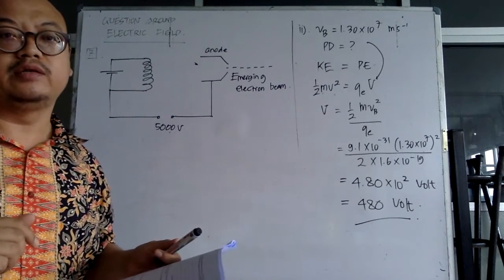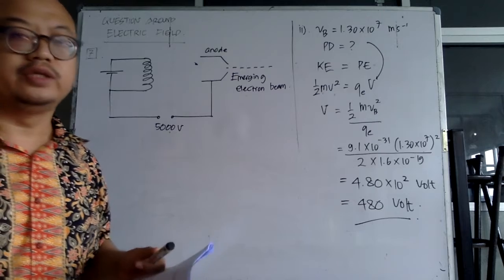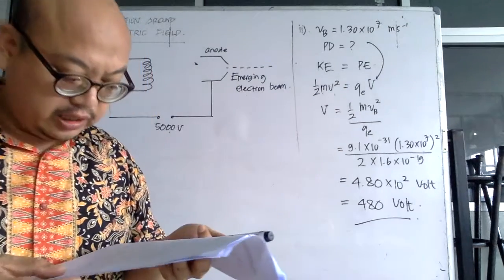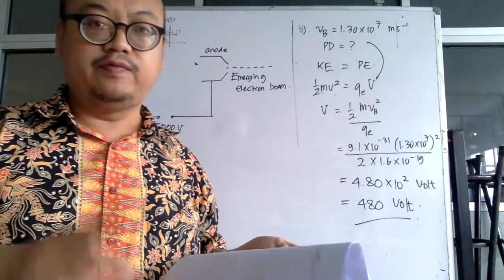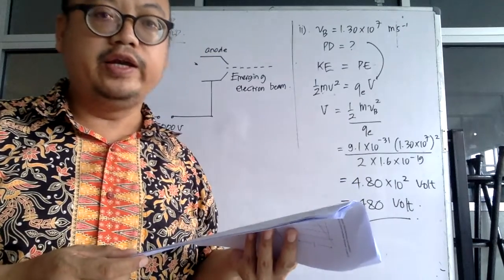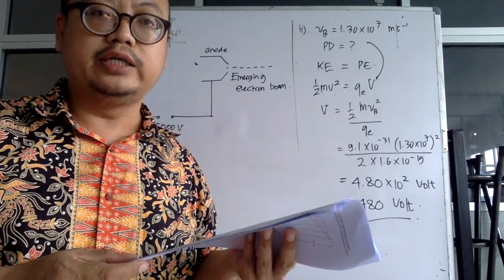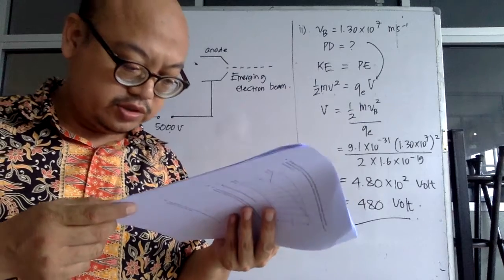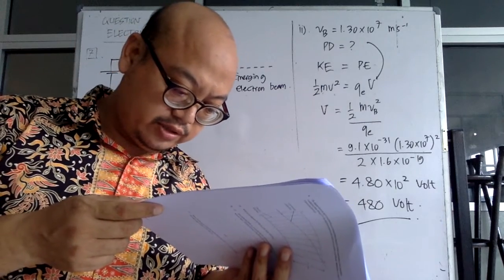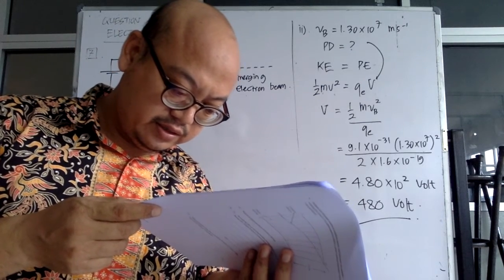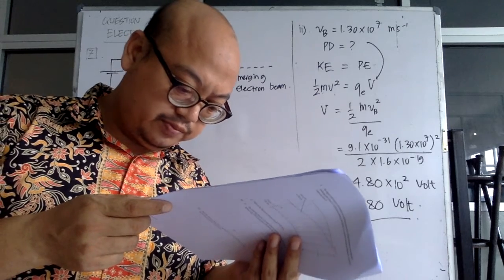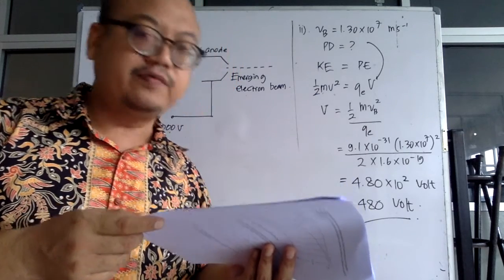Okay, we read the explanation of the question here. Electrons are accelerated from rest, initial velocity v equal to 0, from the cathode to the anode of the vacuum tube through a potential difference of 5,000 volt.